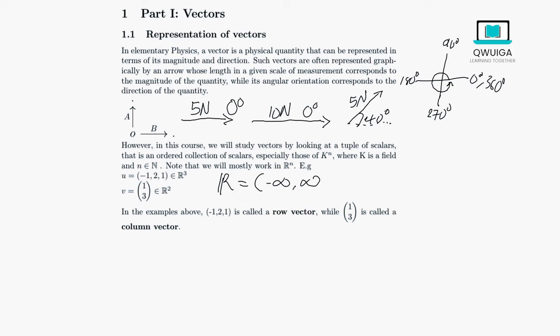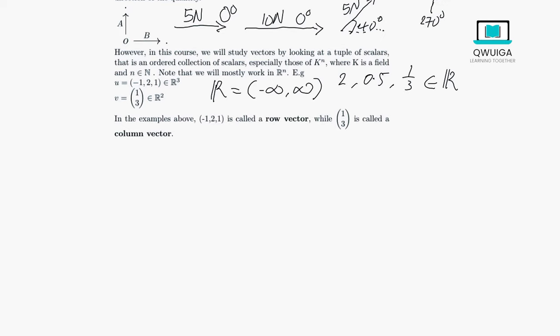In this course, the field we'll be working with mostly is R. What this means is that any element in R is a scalar. 2 is an element of R, 0.5 is an element of R, 1/3 is an element of R. All of these are scalars; they are all elements of R. But let's look again at what a field is. I've said that R is a field. What exactly is a field?